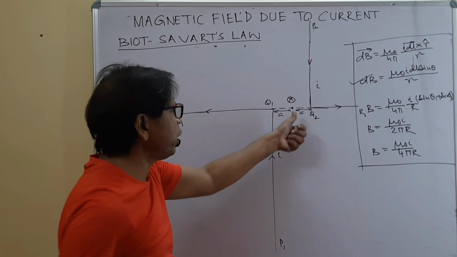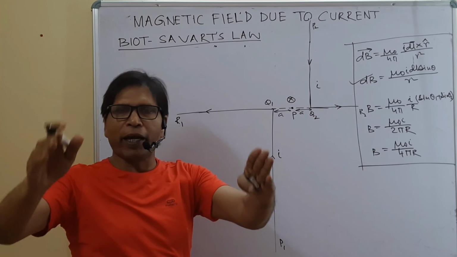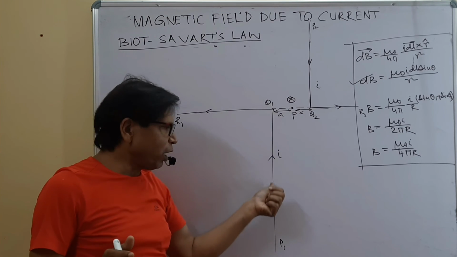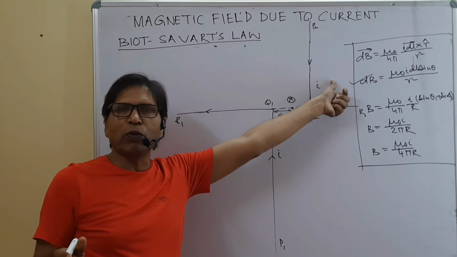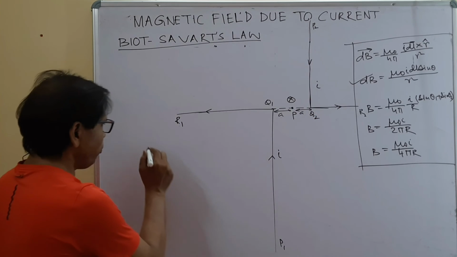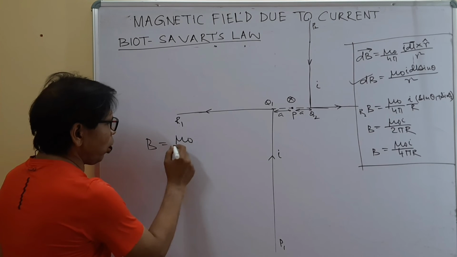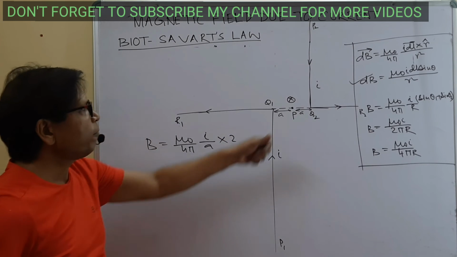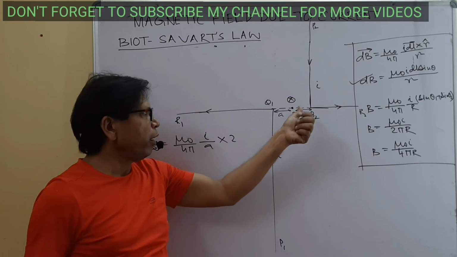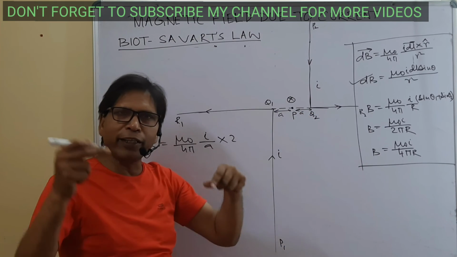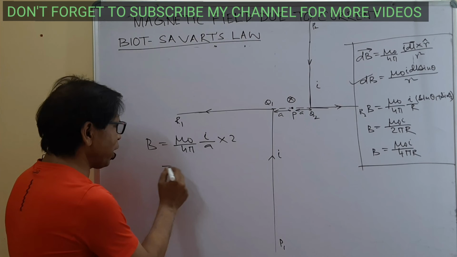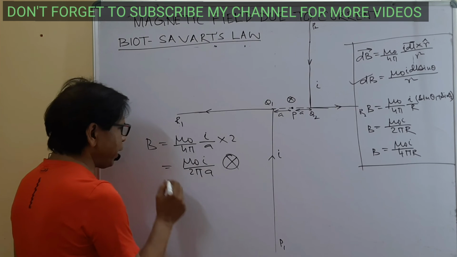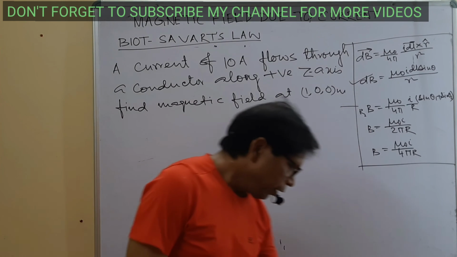So the total magnetic field at this point is the magnetic field due to this portion plus the magnetic field due to this portion. So the magnetic field B becomes mu naught by 4 pi into I by A into 2, because these two portions produce the same magnetic field at the point P in the same direction. So this becomes mu naught I divided by 2 pi A, and the magnetic field is directed inwardly.